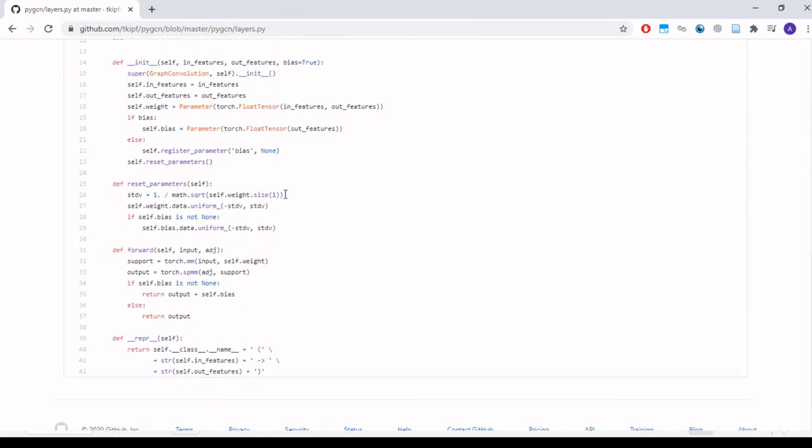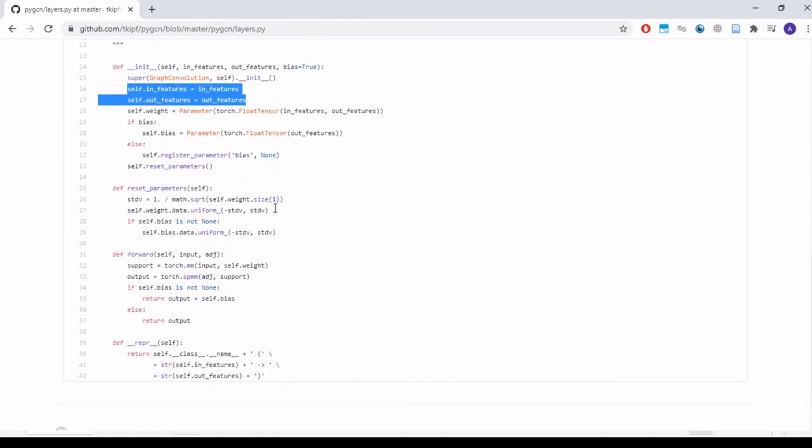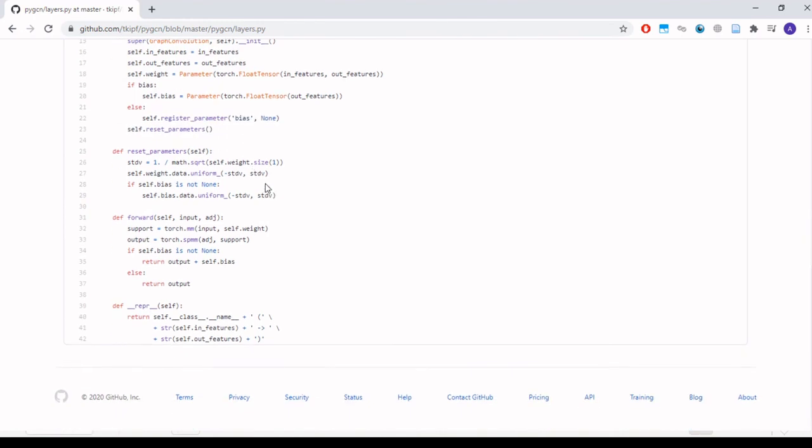Then we're initializing the weights. This parameter function makes it so that PyTorch keeps track of this tensor, and when you optimize the model, this is going to be optimized. At the same time, input and output features, the number of features, are just integers, and PyTorch would know that, and it would not try to pass the gradient into an integer, which would be a very unfortunate type of behavior. Those are just technicalities.